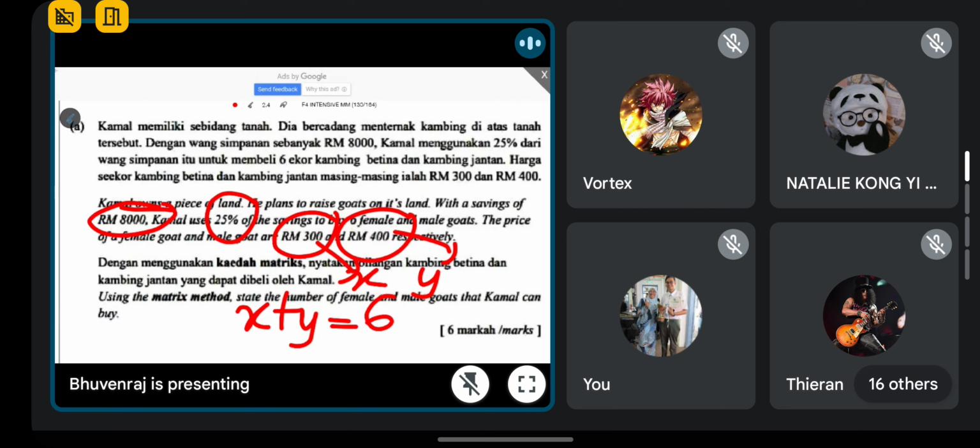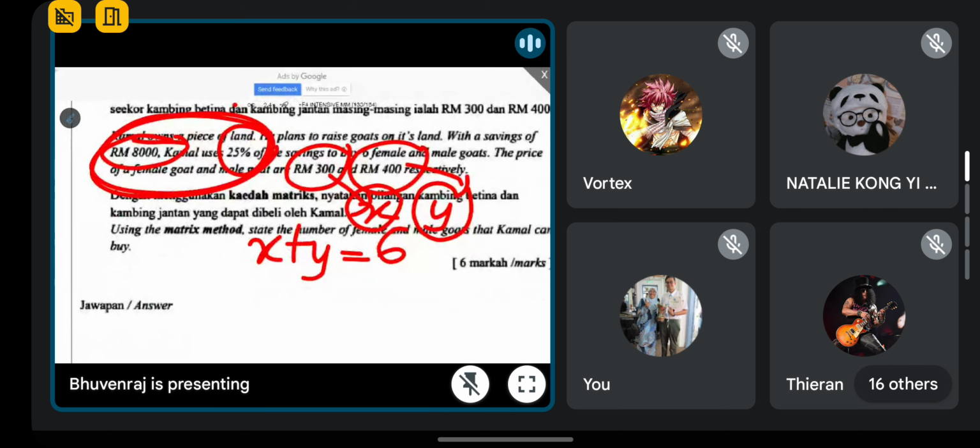Only represent the price for one female and male goat. Means if you have x female goats, the price is 300x. If 400 male goat, your price is 400y. So plus jumlah yang ni. This is the total, 25% of 8,000. Okay guys, can you understand? Boleh faham how to form the two equations?